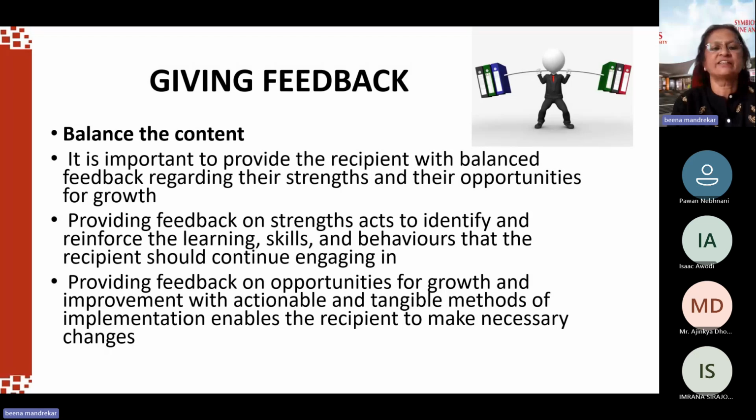Balance the content. It is important to provide the recipient with balanced feedback regarding strengths and opportunities for growth.